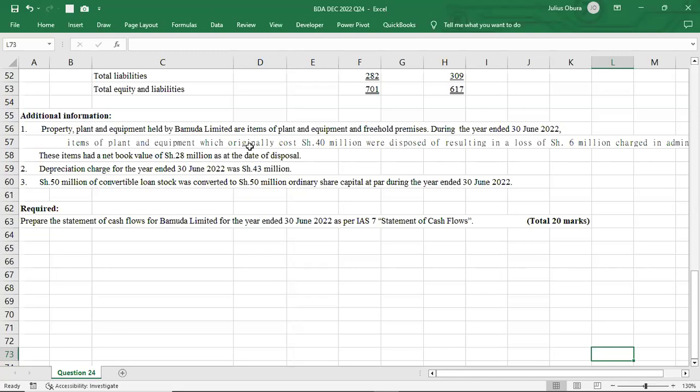Required, prepare the statement of cash flows for Bermuda Limited for the year ended 30th of June 2022 as per IAS 7 statement of cash flows. So that is what our question requires us to do. Let's go through it.